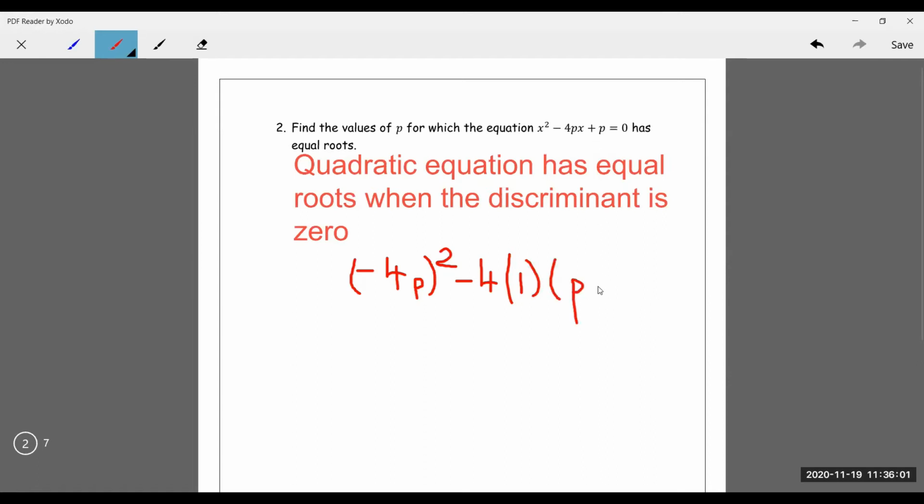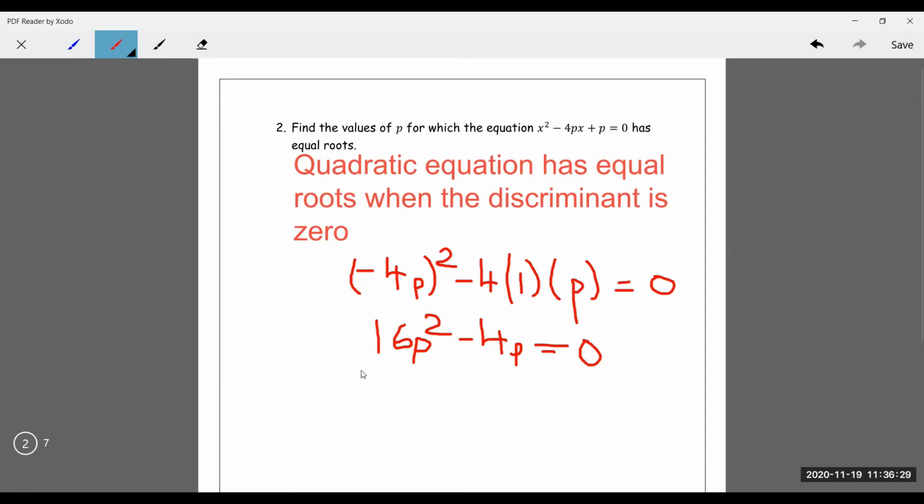And we're solving this equation equal to 0. Minus 4p squared works out to be 16p squared, minus 4 times 1 times p is minus 4p, and that's equal to 0. So now we have 16p squared minus 4p equals 0.